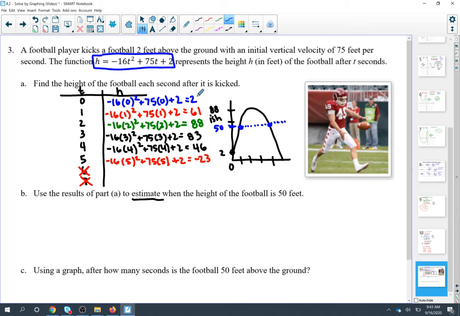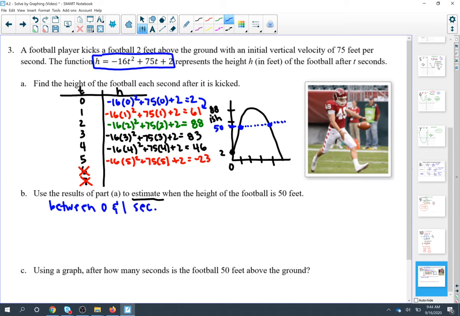Well, the first one I'm seeing, well, here it was at 2, and then here it was at 61. So some point in time in there, it had to be at least 50 feet to get from 2 to 61. So between 0 and 1 second had to be.